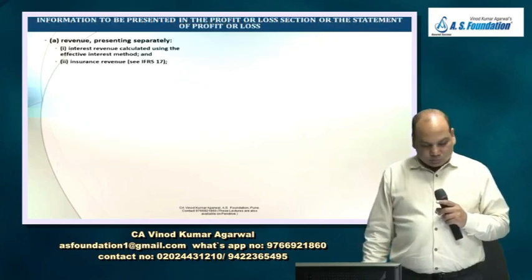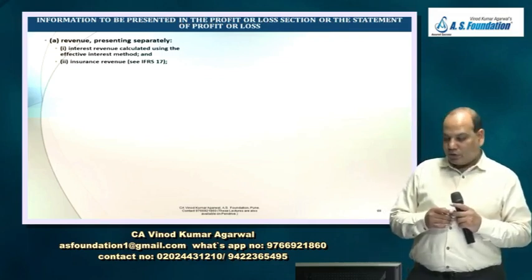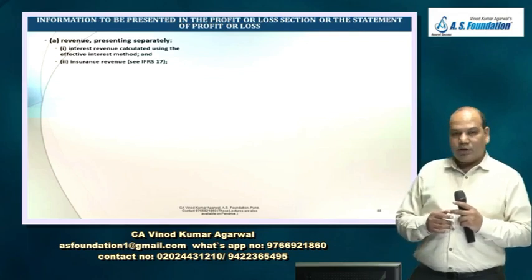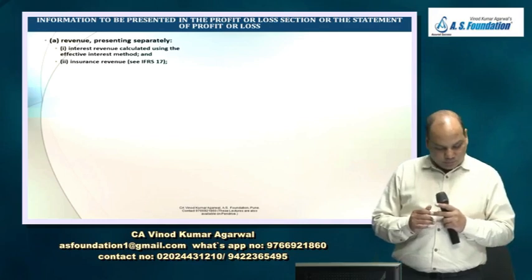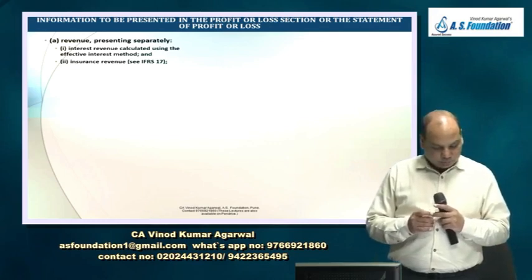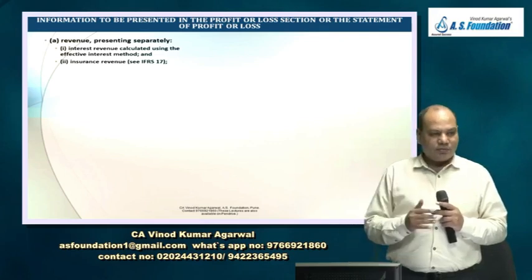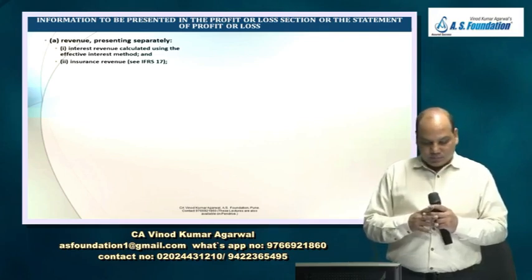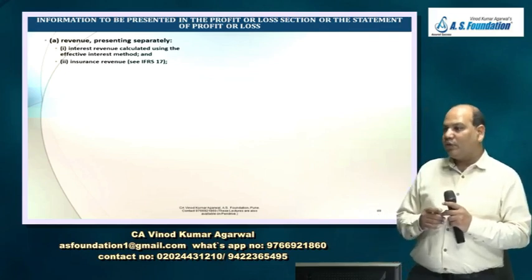Okay. Then IAS 1 has given a long list of the information that you need to present in the profit or loss section or the statement of profit or loss. So in the profit or loss, means first section or the first statement, these are the minimum, you can say, the line item requirement wherever applicable.